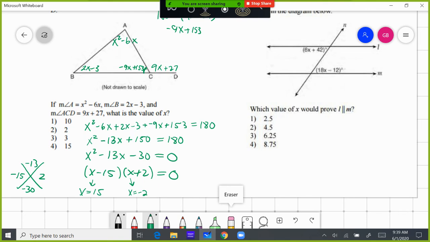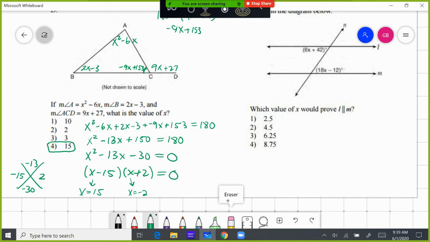Okay. So these are the x values, and we could see that only 15 is the correct answer. Now the reason why negative 2 is not correct is because if you plug it in, you get negative measurements, which are not allowed.